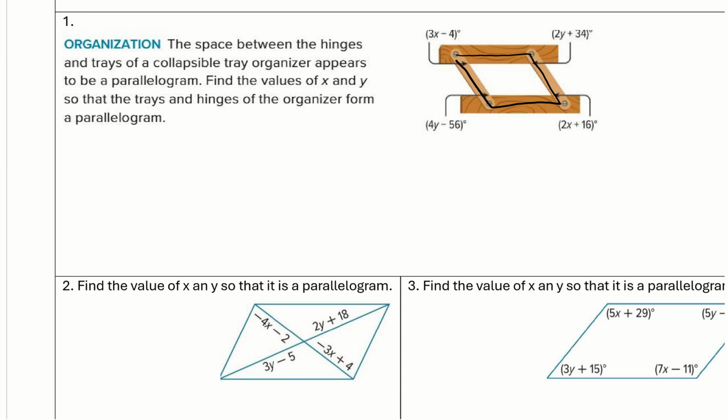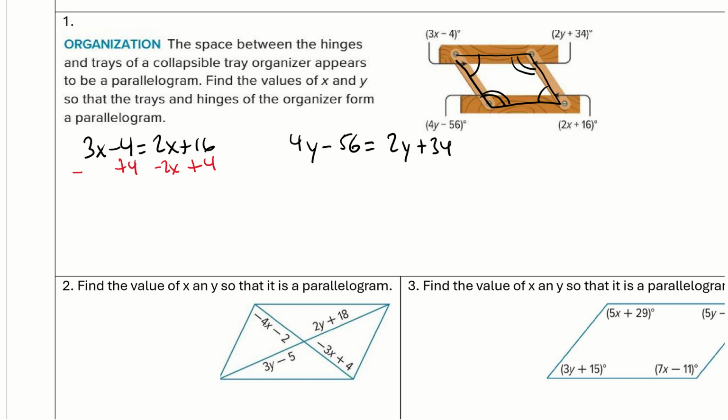Well, remember that the opposite angles in a parallelogram are congruent, right? So they have to be congruent for this to be a parallelogram. So we're going to set those equal. 3x minus 4 equals 2x plus 16. And then we have 4y minus 56 equals 2y plus 34. We could solve this. So we're going to add 4 here and then subtract 2x there.